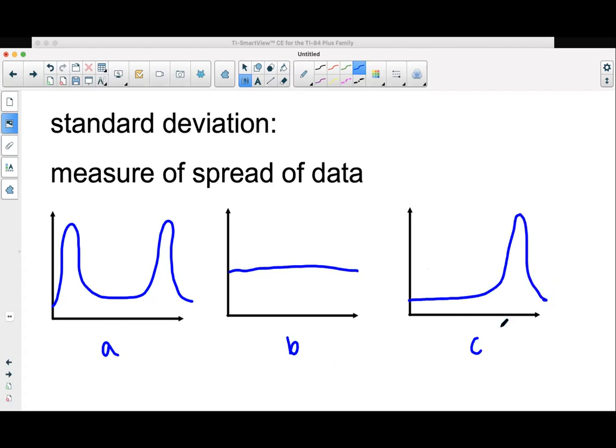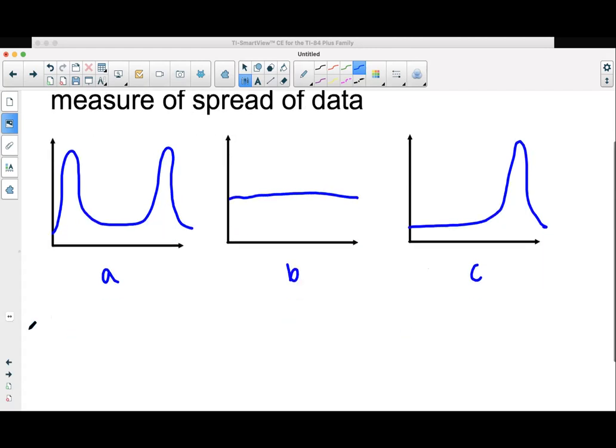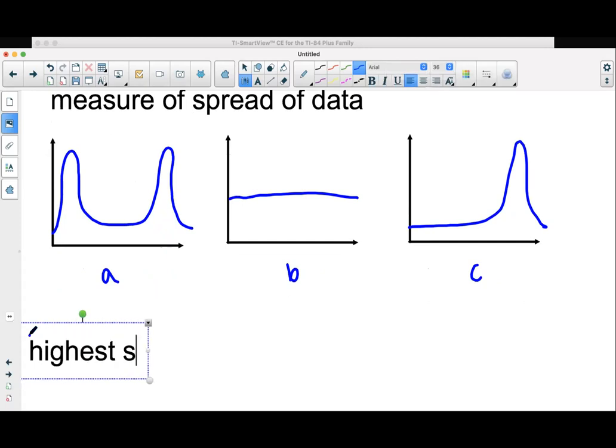Out of three, which one has the highest standard deviation? Can you tell me quickly? Which one has the highest standard deviation?